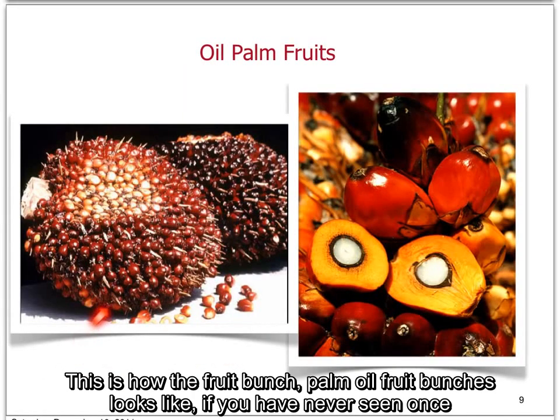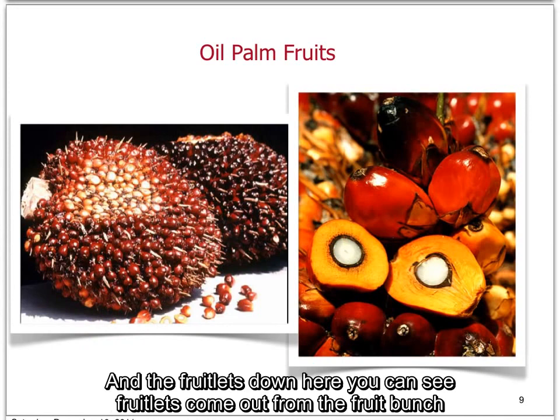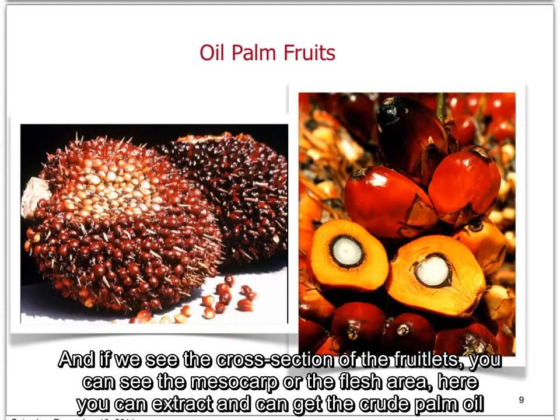Okay, this is how the oil palm fruit bunch looks like if you have not seen one. You can see there's a sharp thorn there, and the fruitlets. Down here you can see the fruitlets been stripped out or come out from the fruit bunch. And if we take a cross section of the fruitlets, you can see the mesocarp or the flesh area.